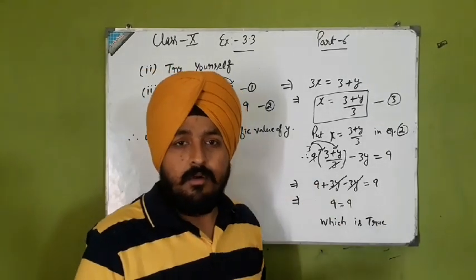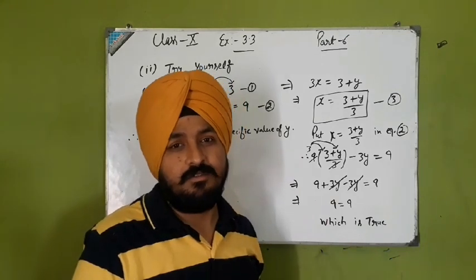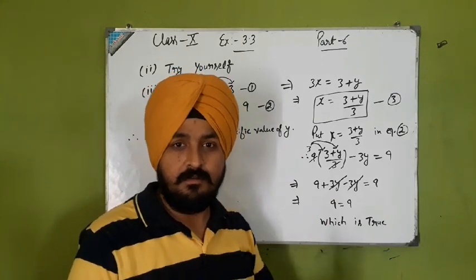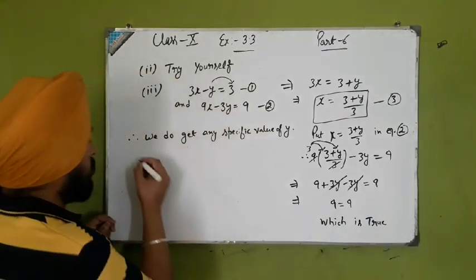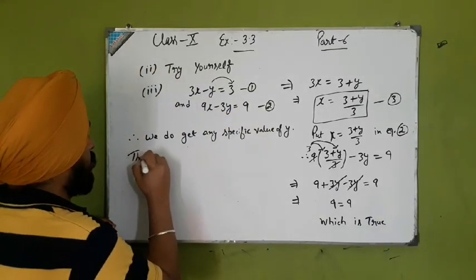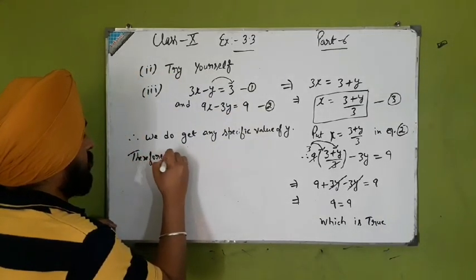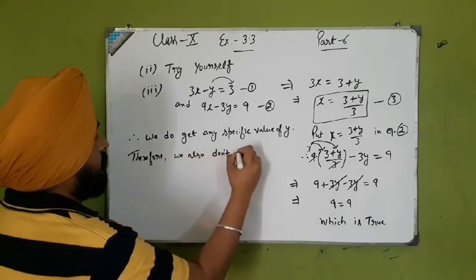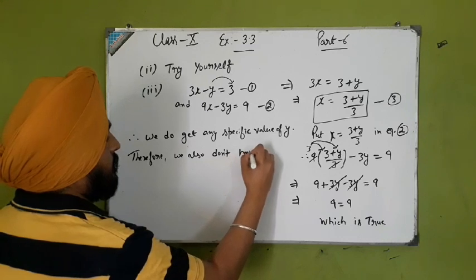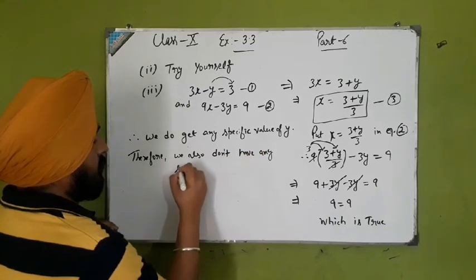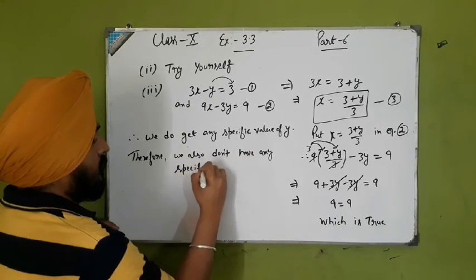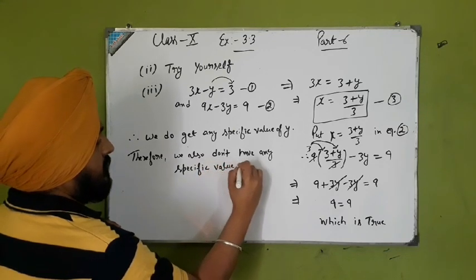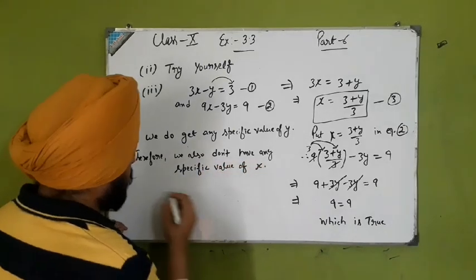If we don't have any specific value of y, we cannot get the specific value of x right here. Therefore, we also don't have any specific value of x.